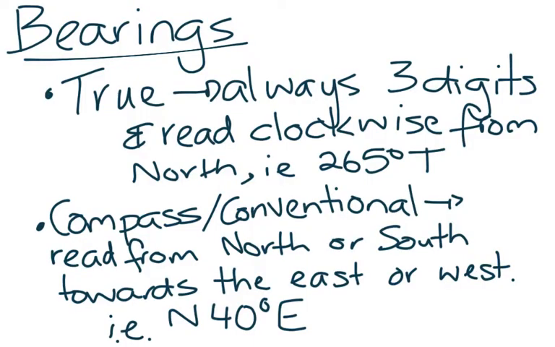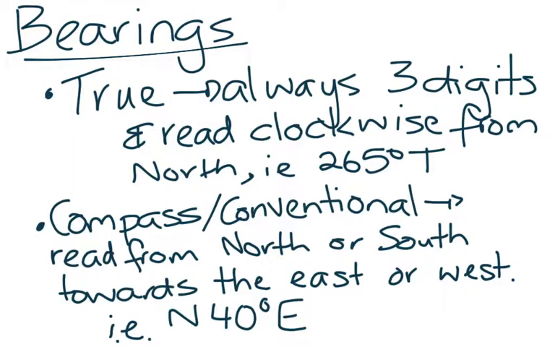So now we'll just have a quick look at bearings. So bearings are to do with compass direction and things like that. And there's two types. We've got true bearings, which are always written as 3-digit numbers. So even if it's 15 degrees, it's written as 015. And what we do is we read a true bearing from north, clockwise from around.